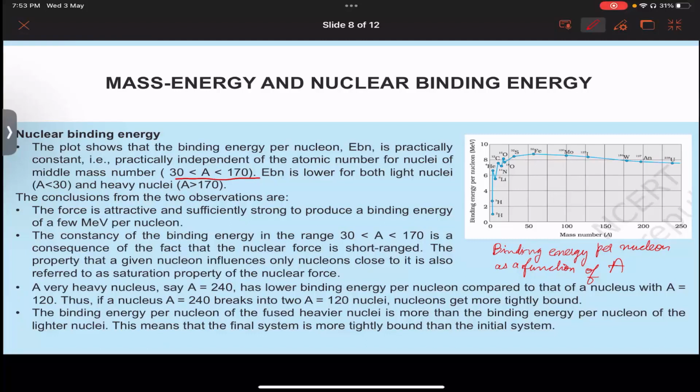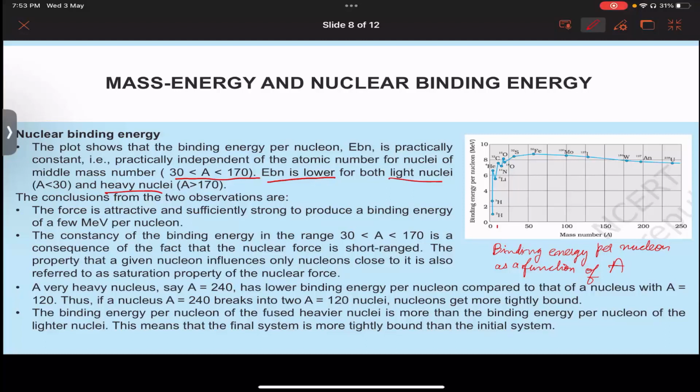The binding energy per nucleon is lower for both lighter nuclei, that is, less than 30, as well as the heavier nuclei.